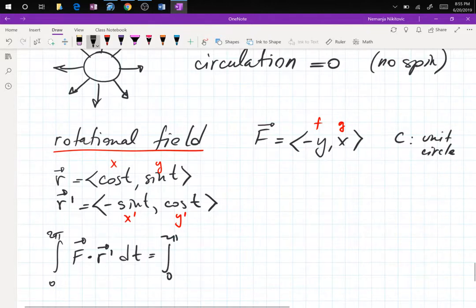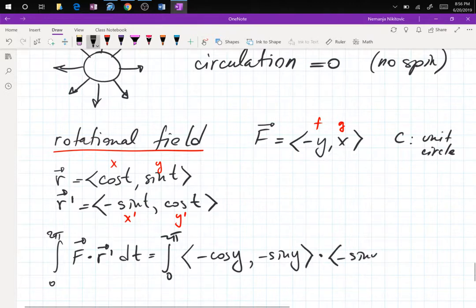So from 0 to 2 pi, the vector field will have the component negative y, and y is sine, so negative sine t, and x is cosine t, dotted with negative sine t, cosine t, which is our r prime.